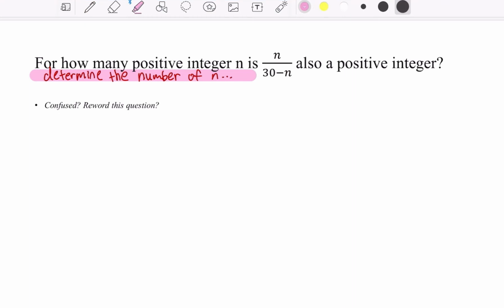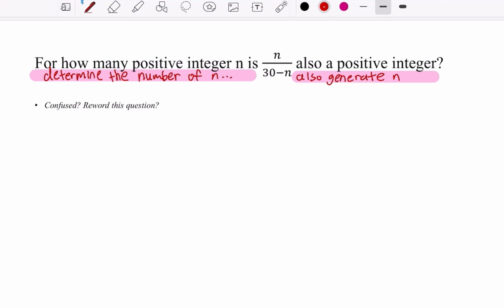The second half of the question is giving us a condition such that n over 30 minus n will also be a positive integer, meaning it will also generate a positive integer as in n.